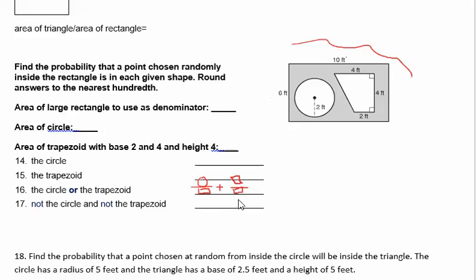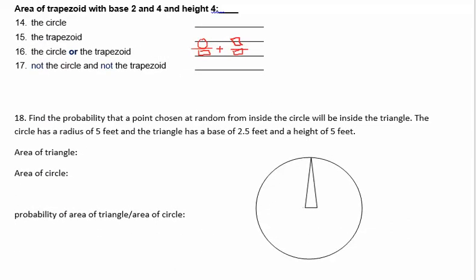You'll be adding those two ratios together in order to find the total amount. Not the circle and not the trapezoid is this shaded area here. To find that, you will take the area of the rectangle, which is just 6 times 10, which is 60, and you will be subtracting the area of the circle and also subtracting the area of the trapezoid.